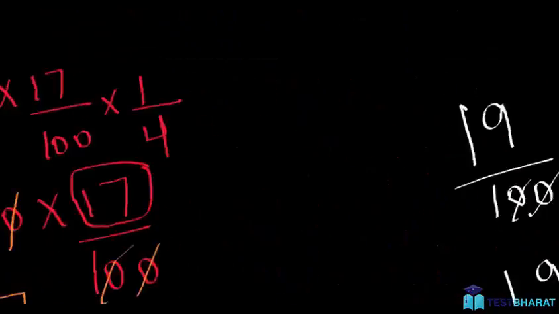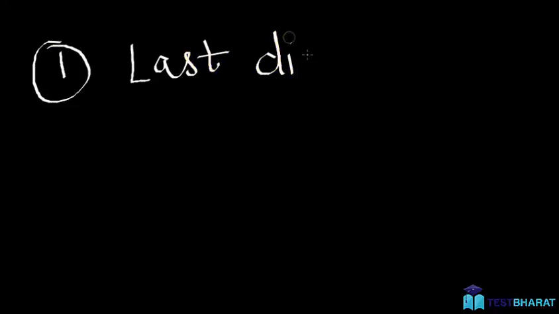So what are the takeaways from this video? First of all, match the last digit. If you have to multiply 3-4 numbers and the last digit in the options you're getting is unique, then mark the answer.